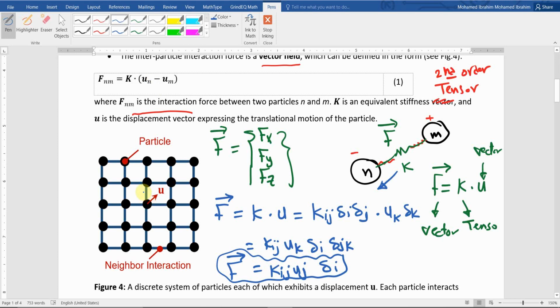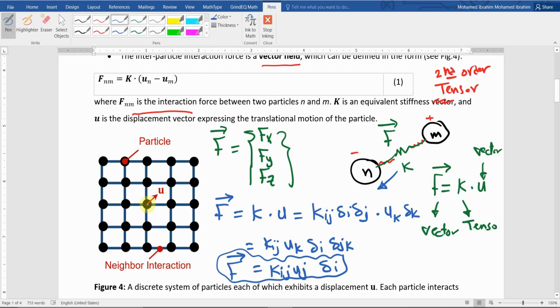In addition, there is interaction with the neighbor particles, the nearest particles. Like this one, the distance between this particle and this particle is this edge, but the distance between this particle and that particle is longer. The distance here is bigger than this one, right? This is the hypotenuse of this triangular shape. So this particle is not a direct neighbor.